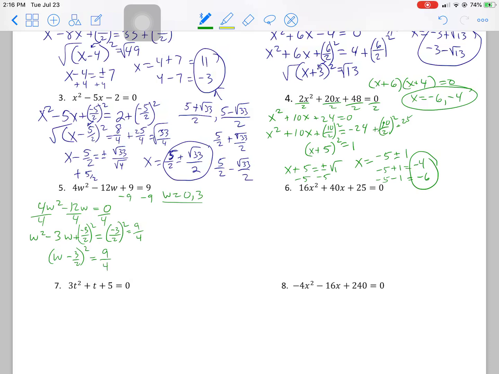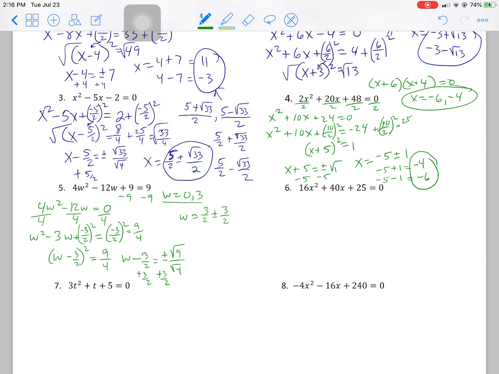Square root both sides. This is going to be W minus 3 over 2 equals plus or minus the square root of 9 over the square root of 4. And then we're going to add 3 halves to both sides. So this is going to be W equals 3 halves plus or minus 3 over 2.